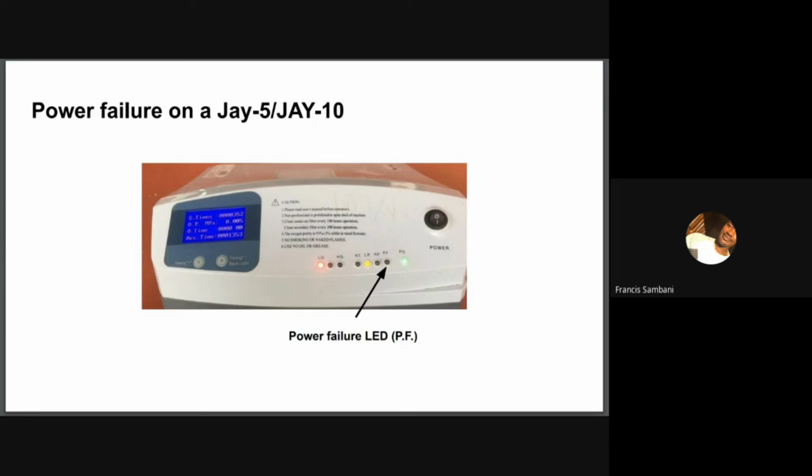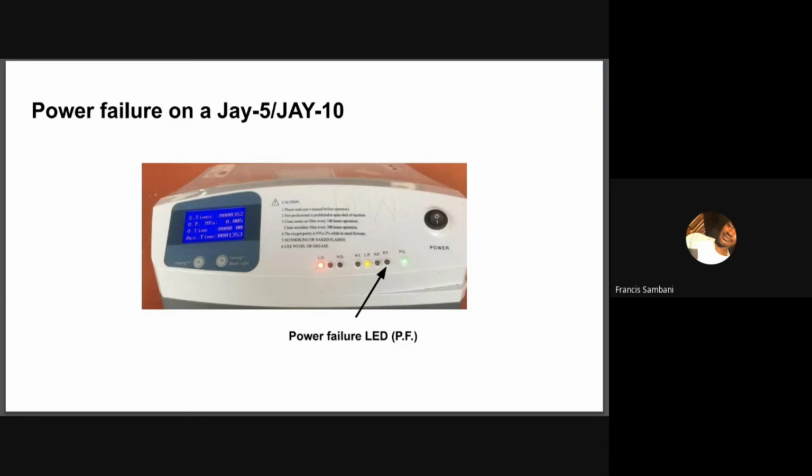Apart from power failure itself, this alarm can also be triggered by a tripped circuit breaker or electrical problems. It can also be tripped by a faulty I/O switch or a faulty circuit board. So those might also be causes for this alarm being tripped in the Airsep Elite or Airsep Intensity oxygen concentrators.